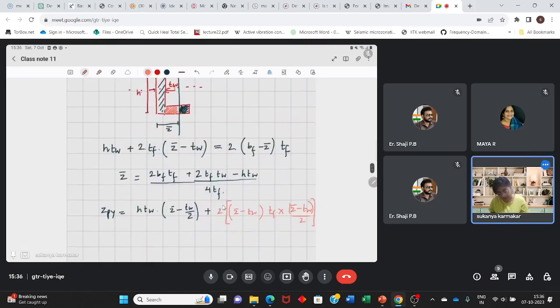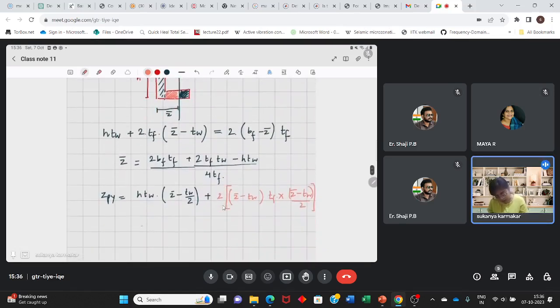So that is done. Now for the area on the right side of the equal area axis, the area is bf minus z bar into tf. And what is its centroidal distance? Bf minus z bar by 2.